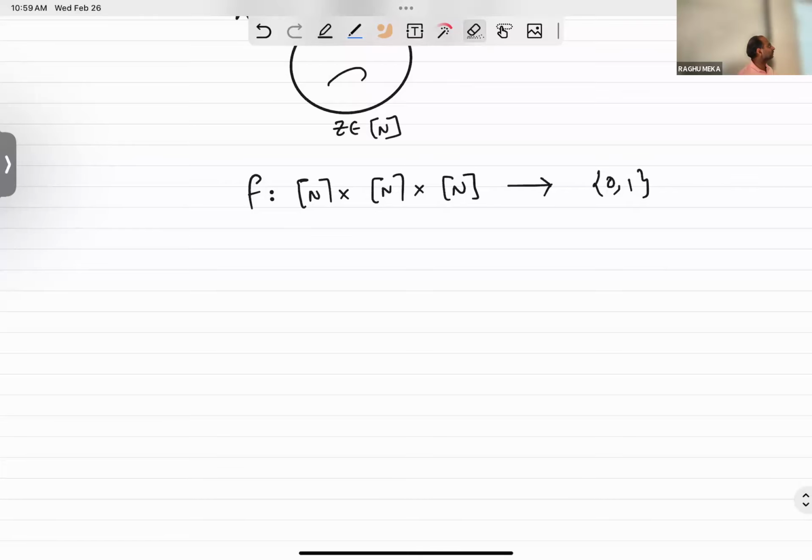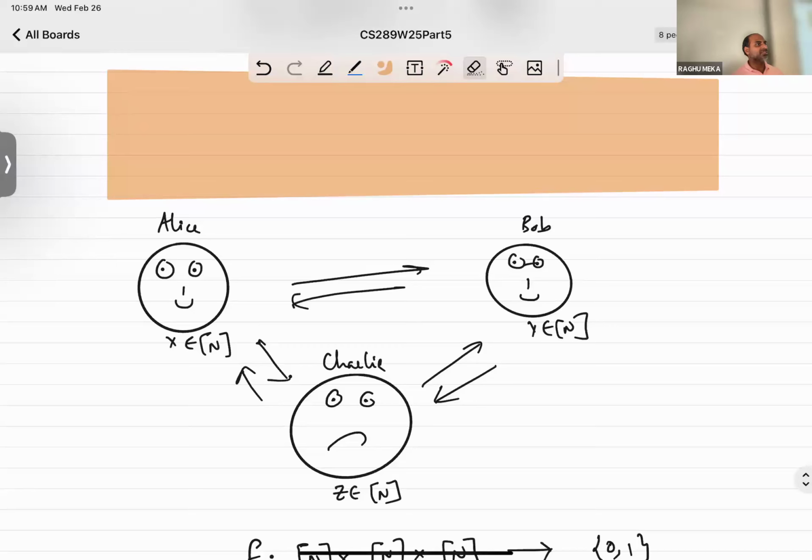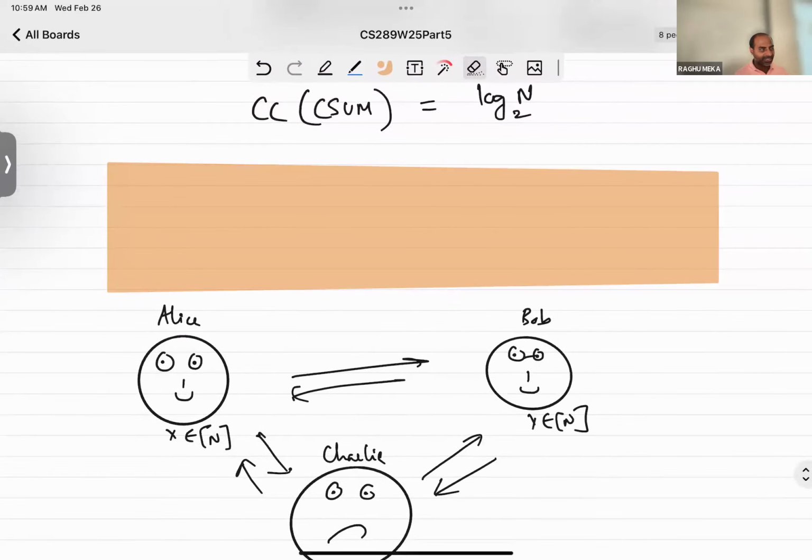You can ask what's the communication complexity of any problem in this more general setting, like 3 players, 4 players, and so on. The specific problem we're going to talk about is the 3-party version of equality. The easiest version is to say I have x, y, z, and I want to check if x equals y and y equals z, but that doesn't couple the multi-party nature of the computation; it breaks up into 3 separate problems.